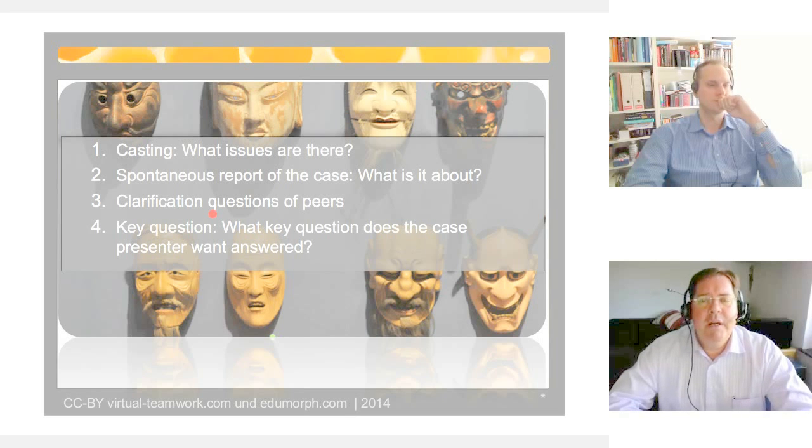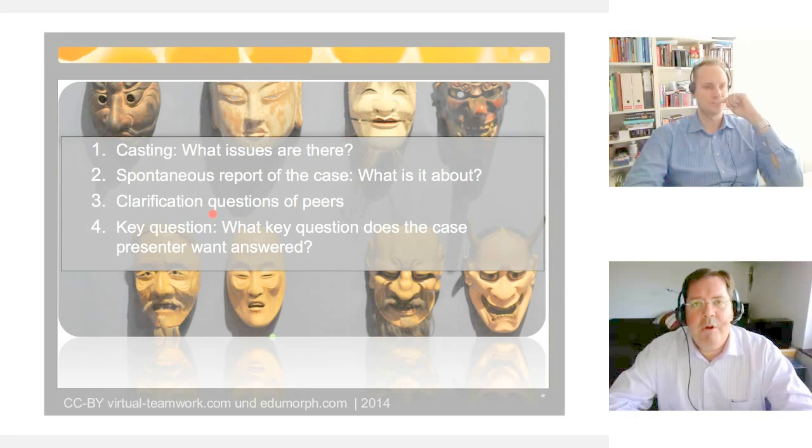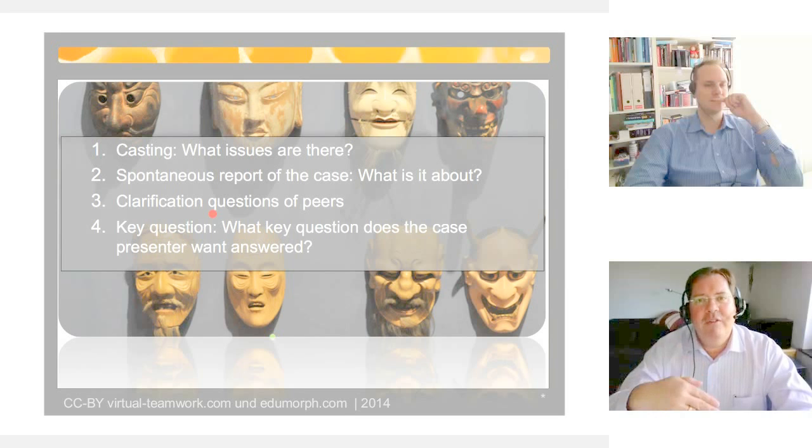Typical questions in the cross-cultural virtual space are, how can I influence my virtual team members to do what I want them to do, or to do what needs to be done? Other issues are conflicts. Maybe somebody's having a conflict with a certain team member. How can they move on further? Very typical situations are also, how can I exert influence on my boss?